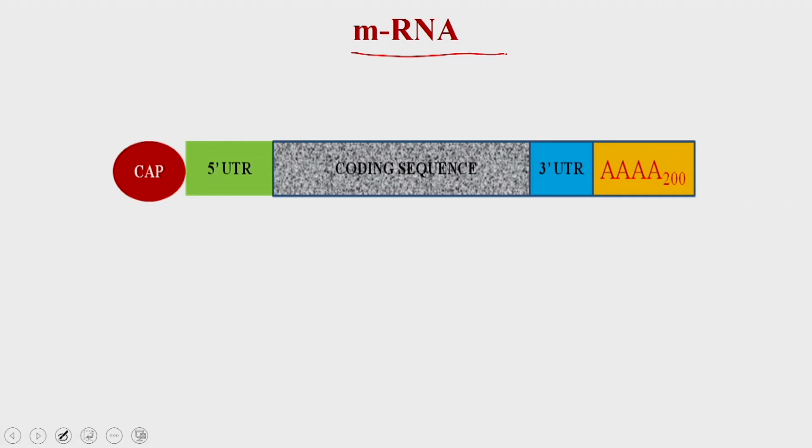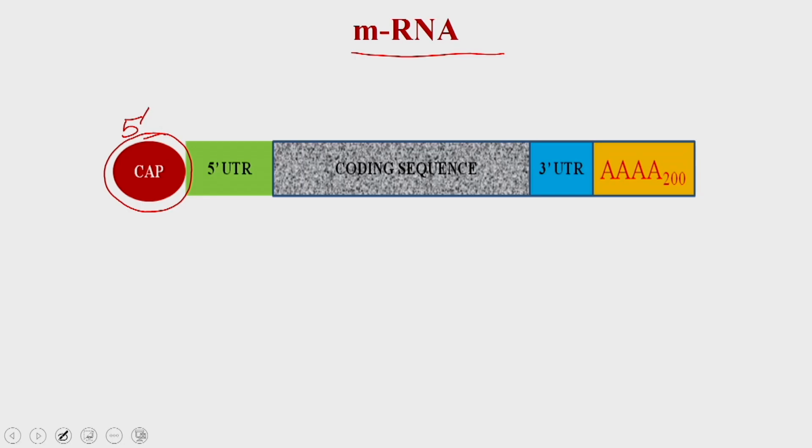So, you have the 5 prime cap. This cap is important for protecting the messenger RNA from any kind of degradation, and it also provides the binding site for the initiator tRNA.